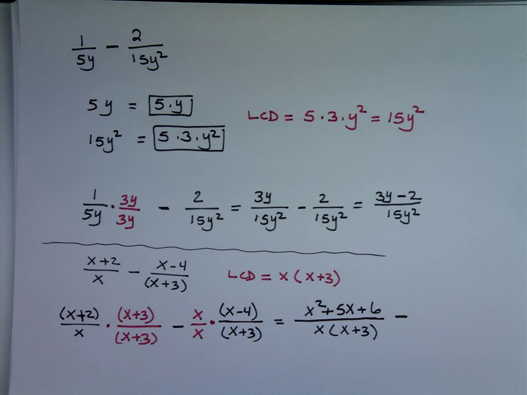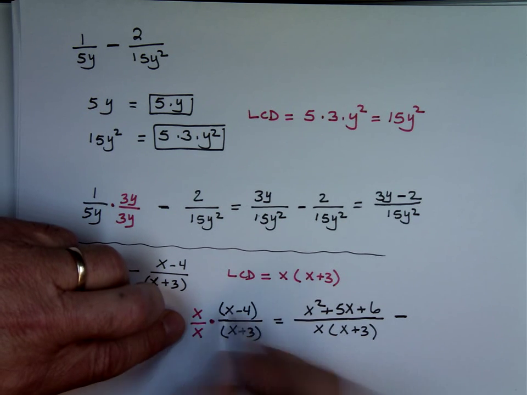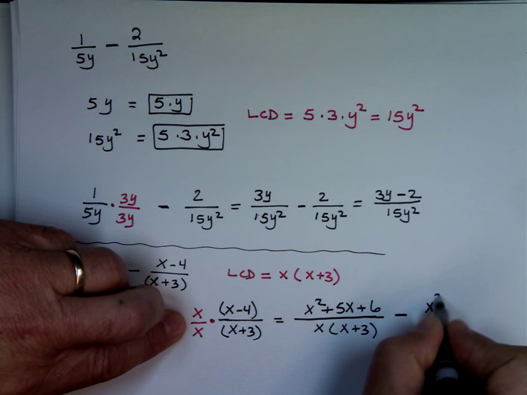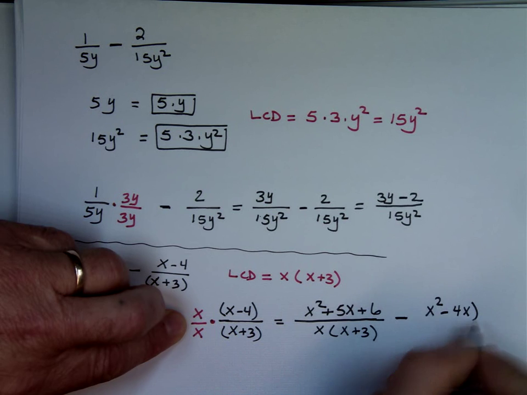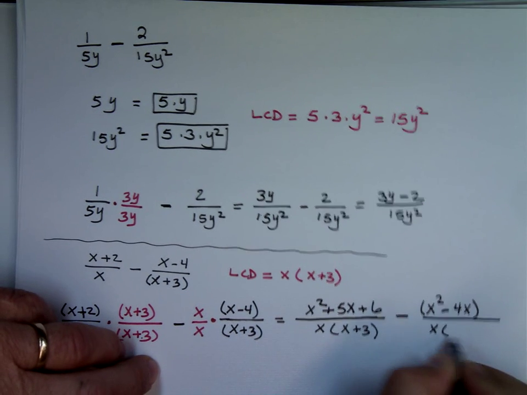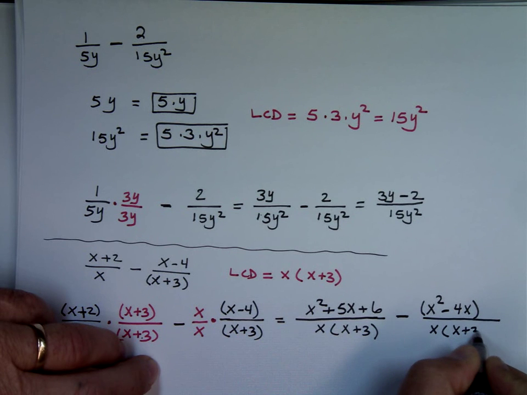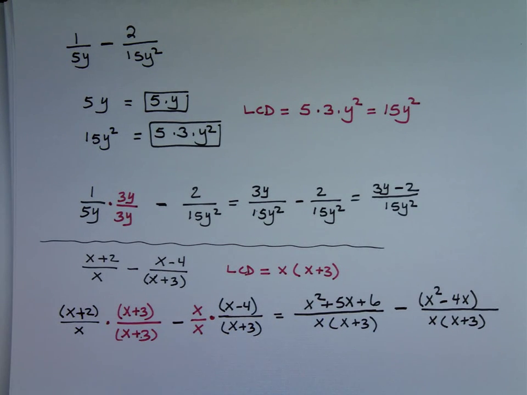And let's multiply this. What's x times x? x squared minus x times 4, 4x, over x times x plus 3. Notice the bottom is the same. Now you make it one fraction.